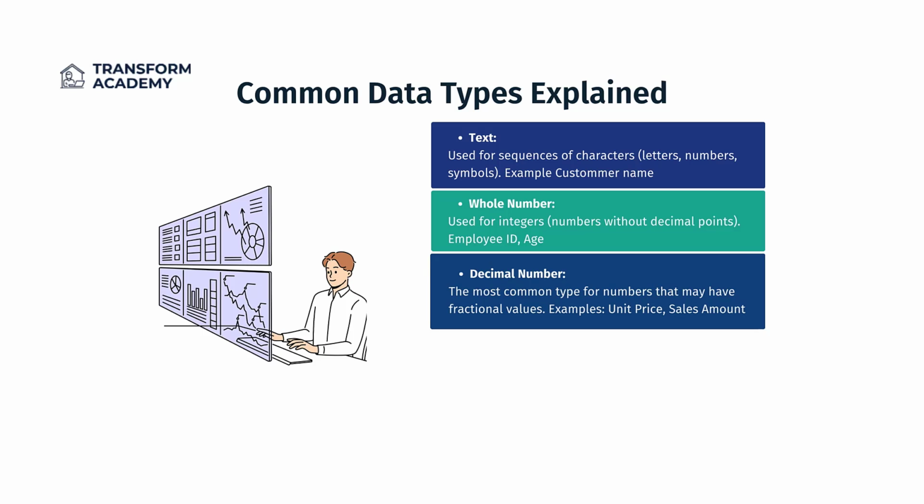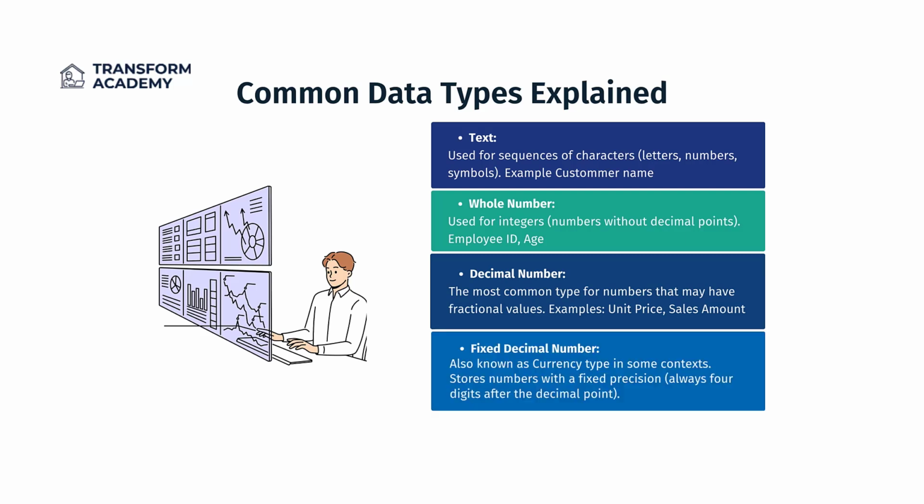Decimal number, the most common type for numbers that may have fractional values. Example: unit price, sales amount, temperature. Represents 64-bit floating point numbers, suitable for most numeric data. But be mindful of potential tiny rounding differences in extensive calculations.